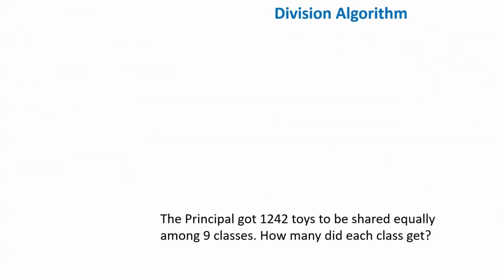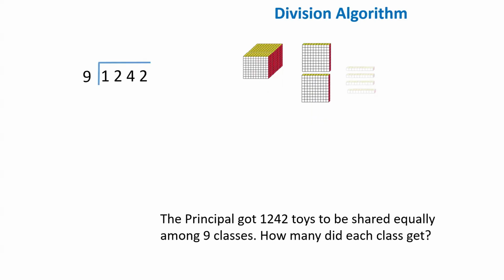Let's try another one. The principal got 1,242 toys to be shared equally among 9 classes. How many did each class get? We can easily represent that with the normal algorithm, with the divisor being 9 and 1,242 being the dividend. So let's represent that with 1 cube, which shows 1,000. We have 2 squares, 4 rods, and 2 units.